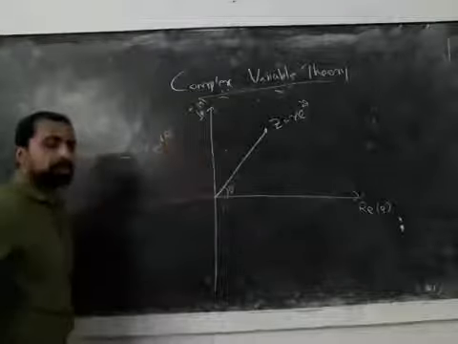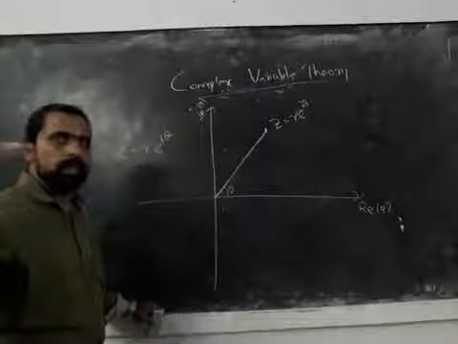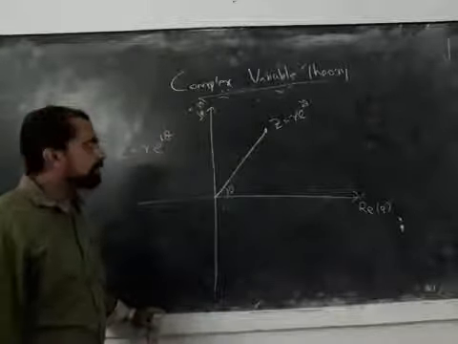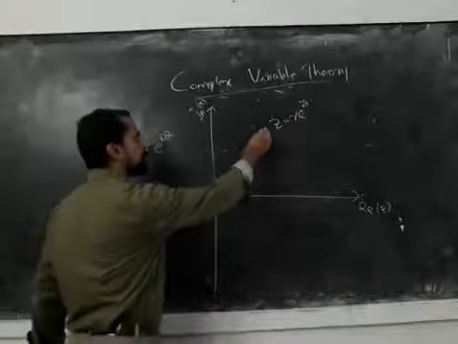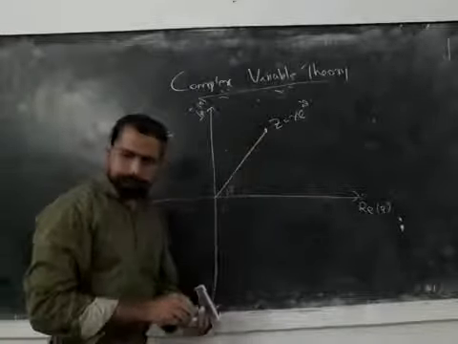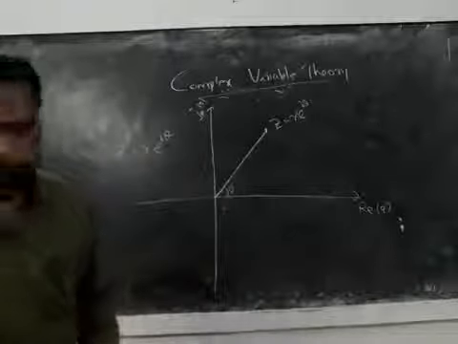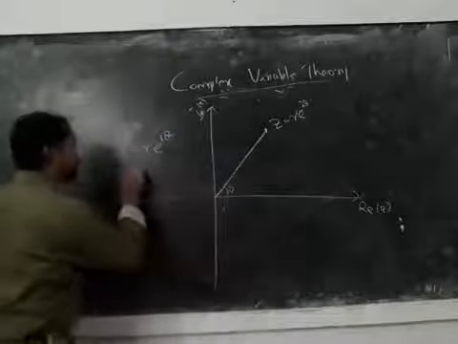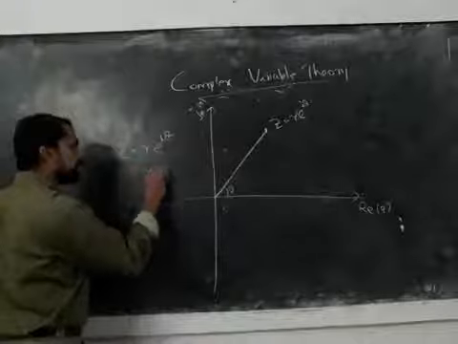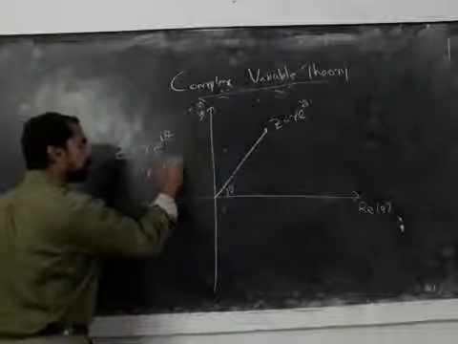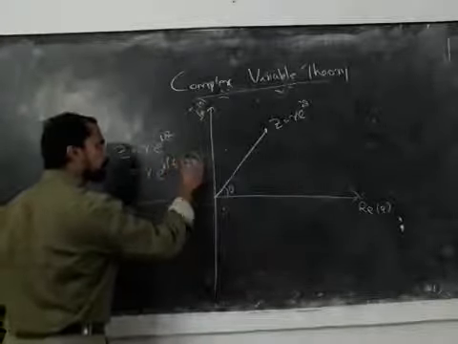Now what I am going to do? I will just add theta plus 2 pi. So if I add theta plus 2 pi, what would be the result? I am adding r e raised to I theta plus 2 pi.